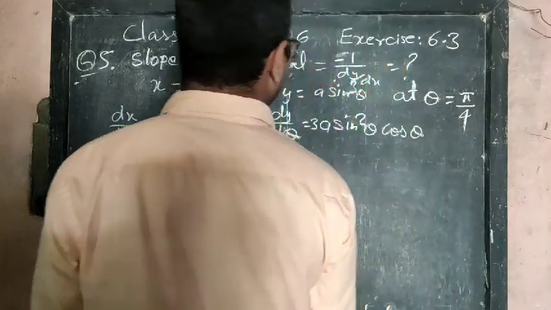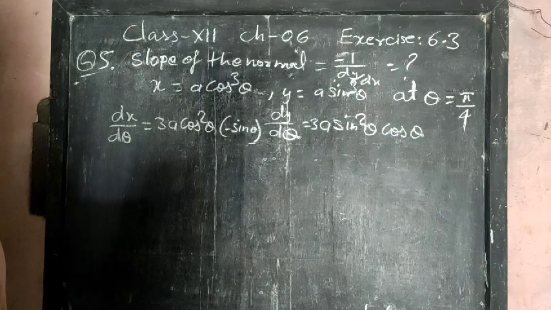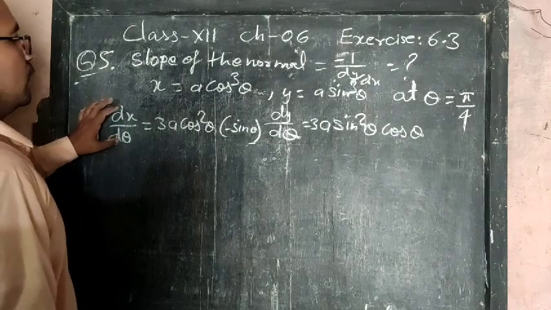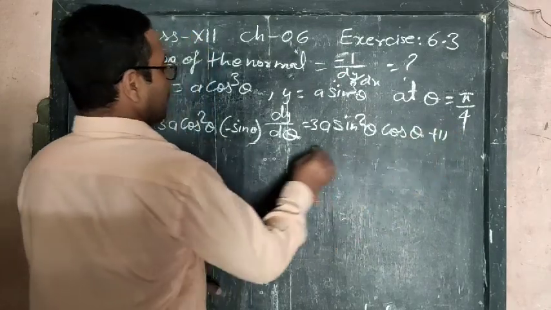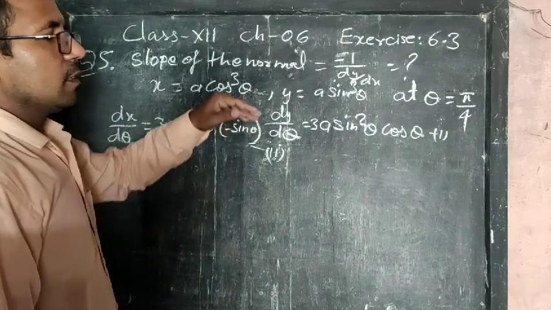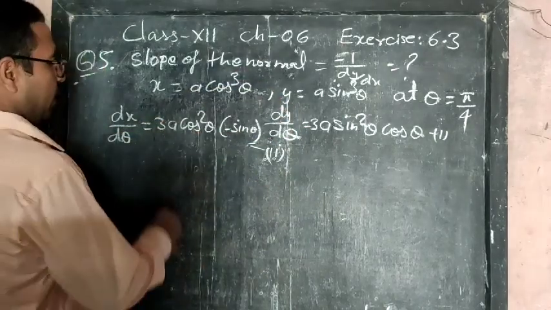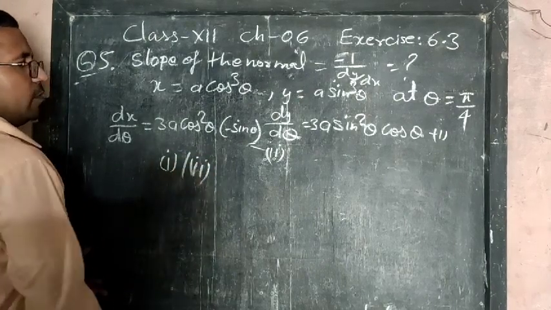At the next step, we just have to find out dy by dx. This one was equation number first and this one was equation number second. Just divide these two equations, that means equation first divided by equation second.